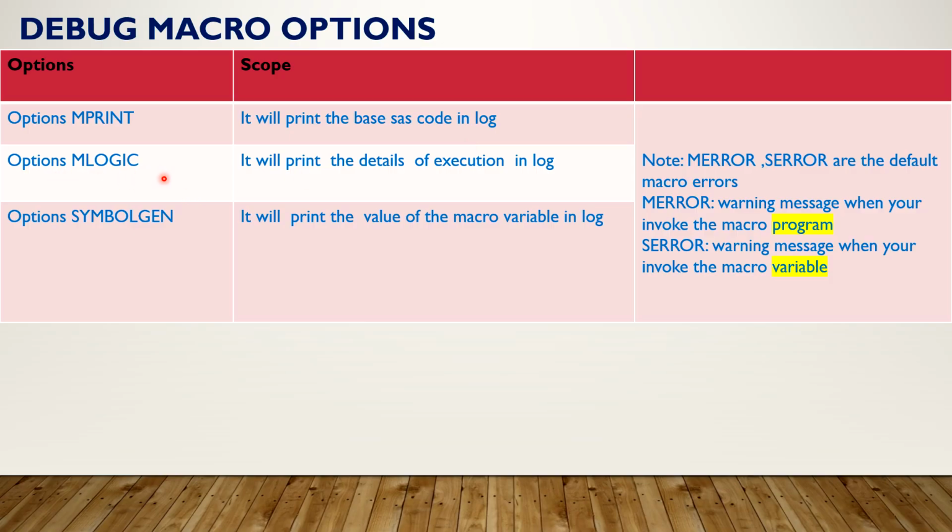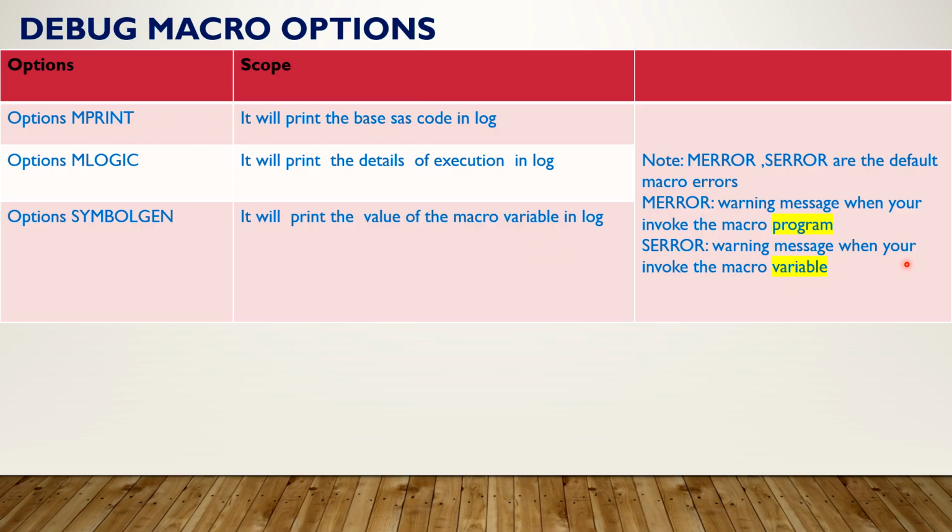Option mlogic will print the details of execution, the starting and ending of execution, in the log. And option symbolgen, what will it do? It will print each macro variable value in the log. Okay, all of this it will print in the log window only.